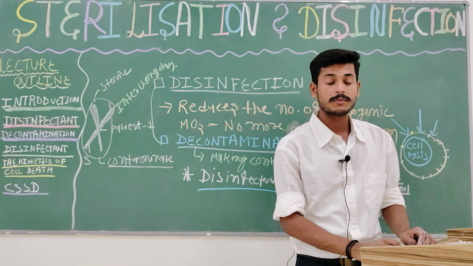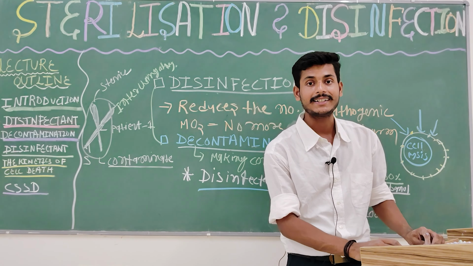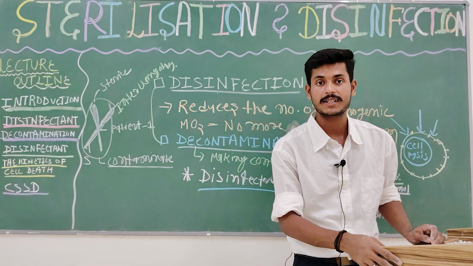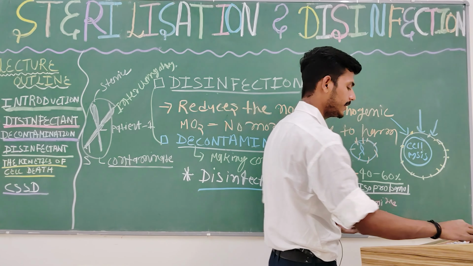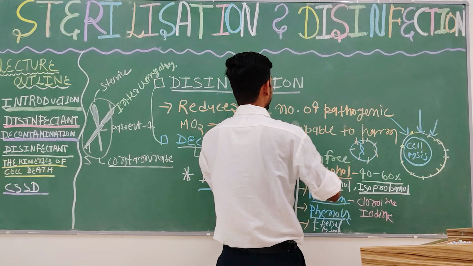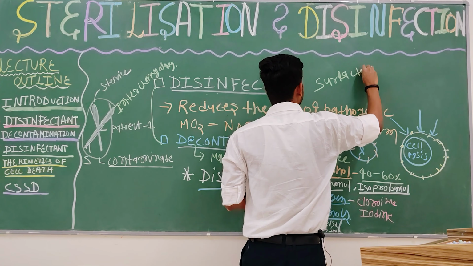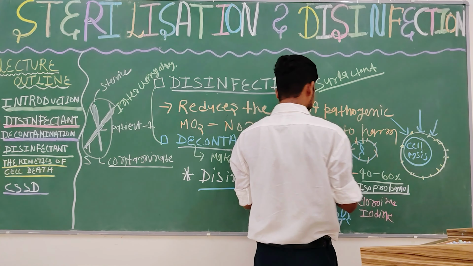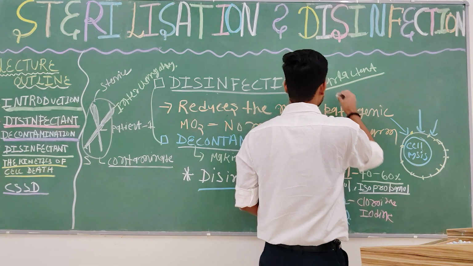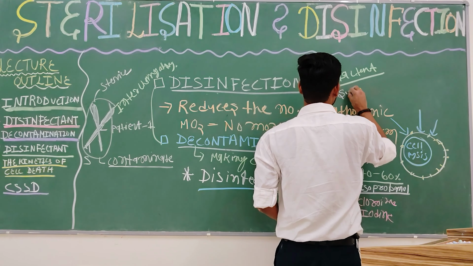Also there are certain things called surfactants. Surface-acting substances are called surfactants. You should write it down. Surfactant means surface acting agent.